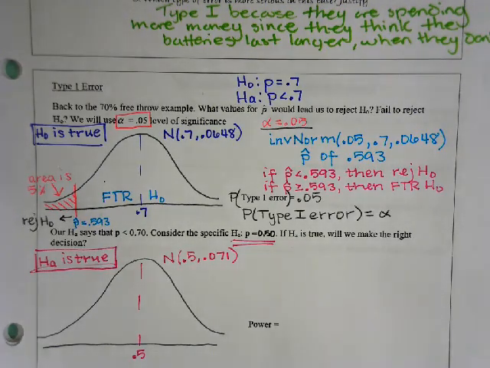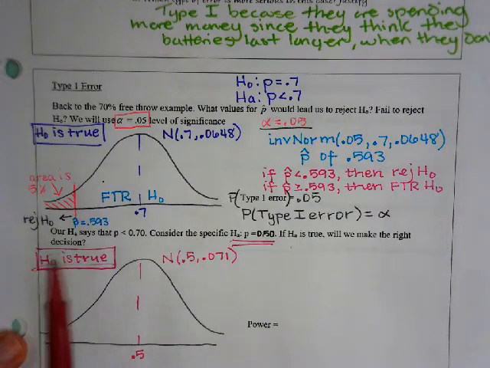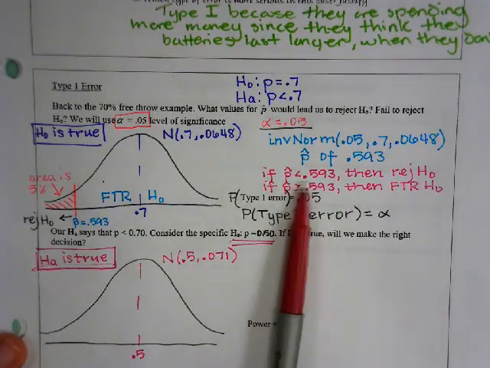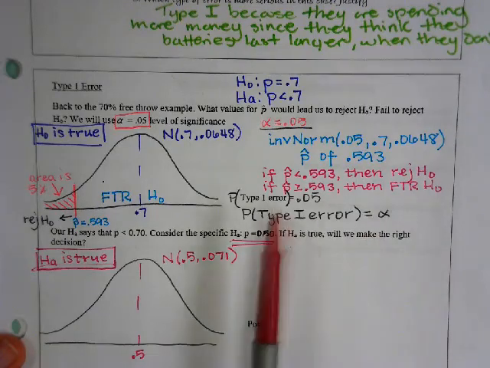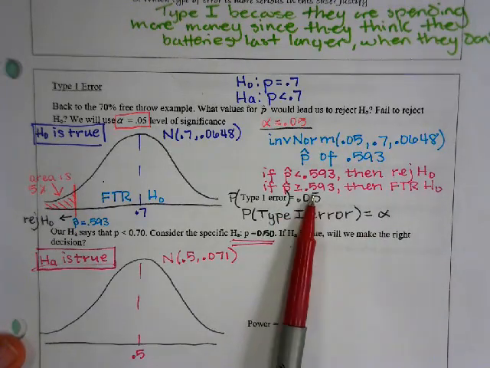Now, from the previous example, we know that if p hat is less than 0.593, we're going to reject our null. Or if p hat is greater than or equal to 0.593, then we fail to reject the null. So 0.593, we're going to say it's going to be like here-ish.